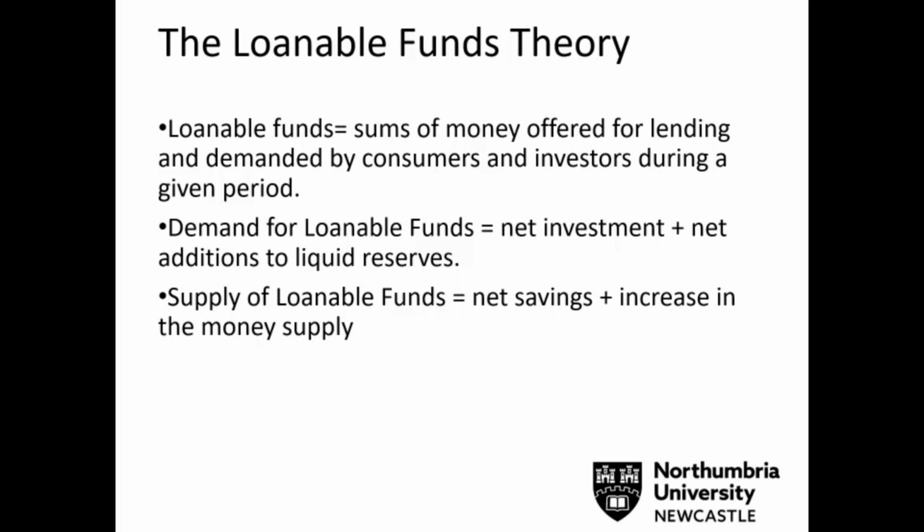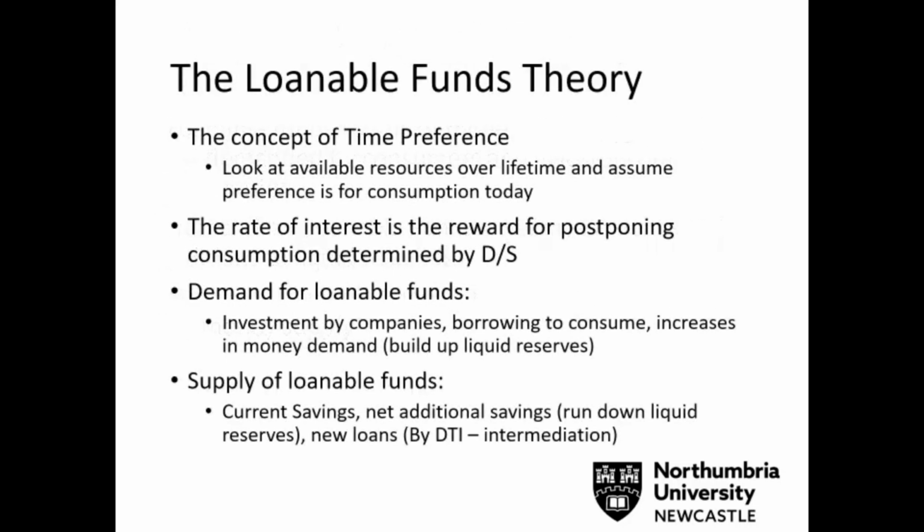Essentially saying an organisation will only demand a loan if they are able to make a profitable investment from that loan, as well as have additional liquidity in reserve in that firm or organisation. And on the supply fund side, the formula is all the savings plus any increase in money supply from the government.